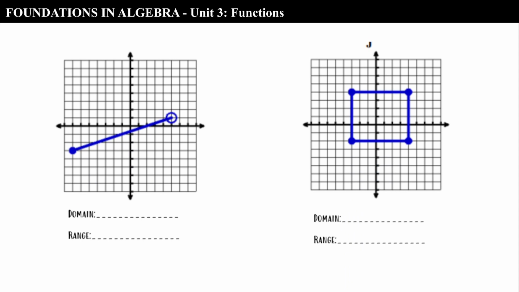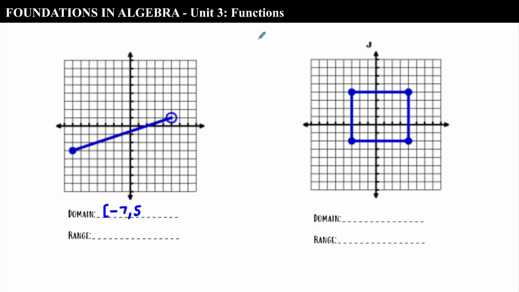So for this first example, our values from left to right for our domain, 1, 2, 3, 4, 5, 6, 7. Our farthest left is -7. Our farthest right is 1, 2, 3, 4, 5. The -7 is included because it's a solid dot, so we use a bracket.